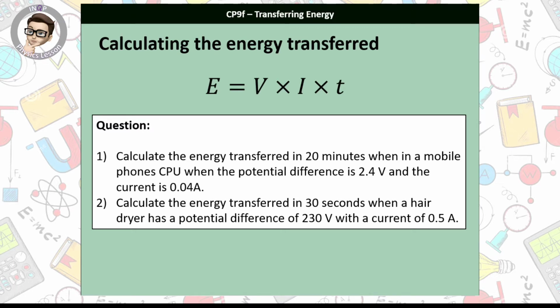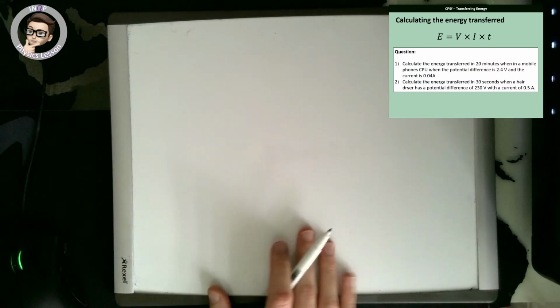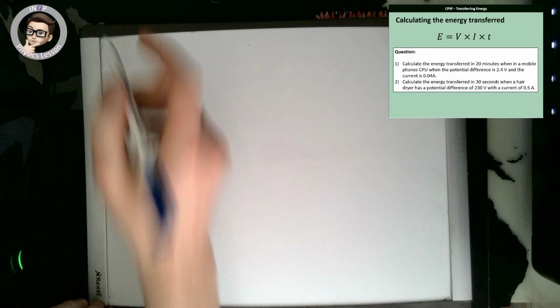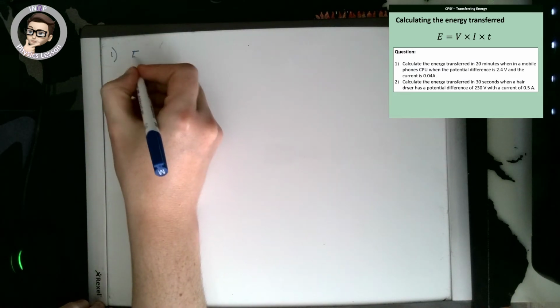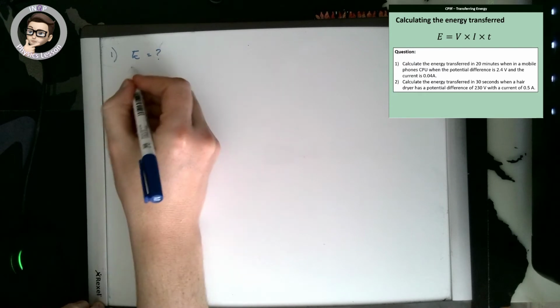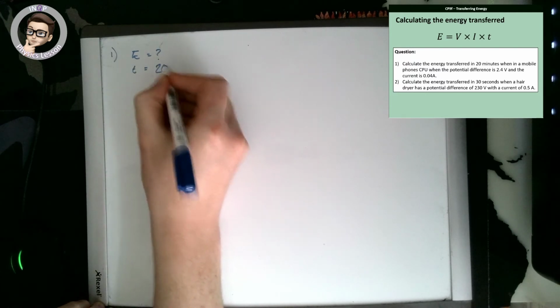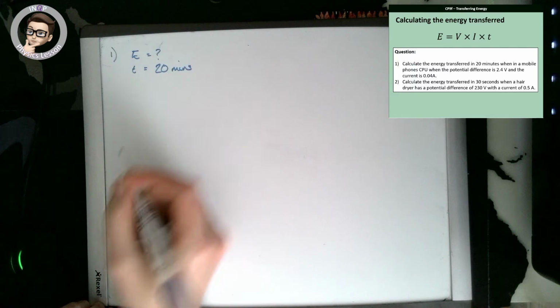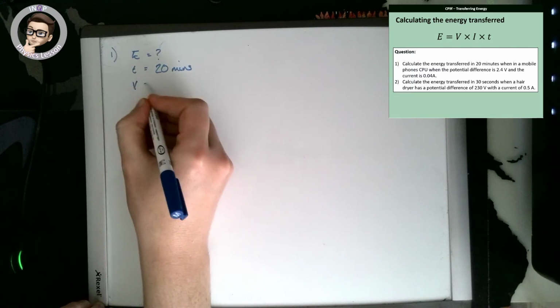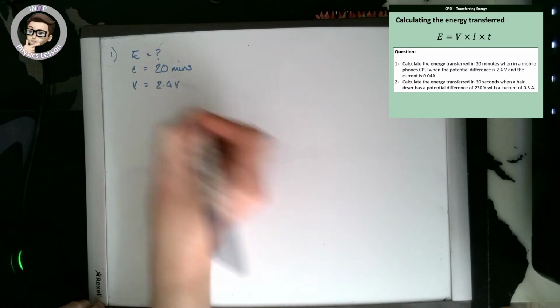Okay, well done for having a go. So let's now have a go at these answers together. So question one, we need to write down what we know. So we want to work out the energy. We don't know that. We do know that the time is 20 minutes. We do know that the potential difference is 2.4 volts.